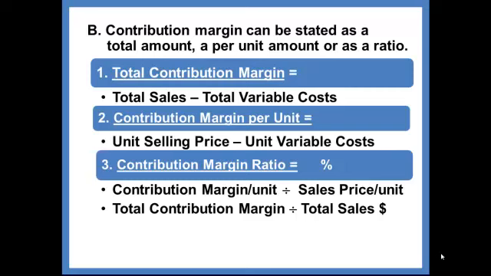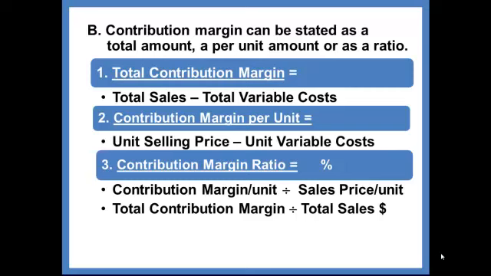The contribution margin can be stated in three different ways and be meaningful. First, the total contribution margin is total sales minus total variable costs. This could be taken right off of a contribution margin income statement. The contribution margin per unit would be the unit selling price minus unit variable costs, since the definition of contribution margin is sales minus variable costs.